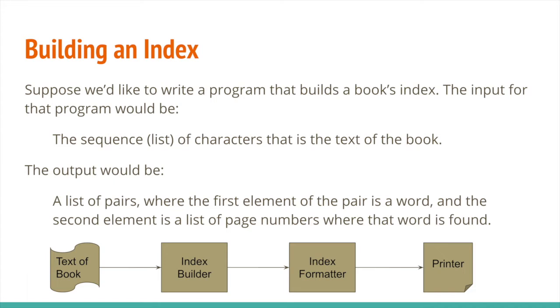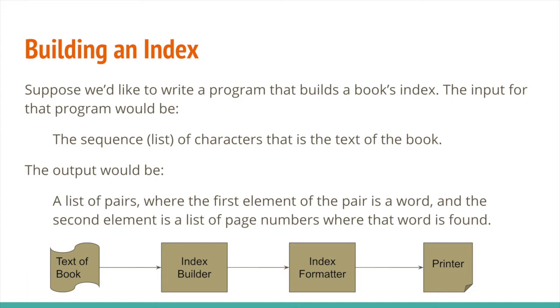The input for that program, looking at a program as an input-output machine, would be the sequence or list of characters that is the text of the book. Just imagine all the words, all the section headings, all the chapter headings, as a single sequence of characters, because that is what it looks like to a computer when it reads it in.